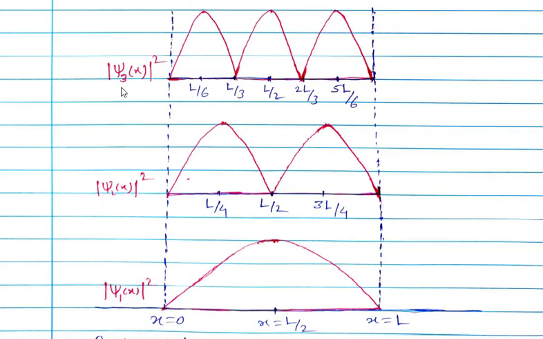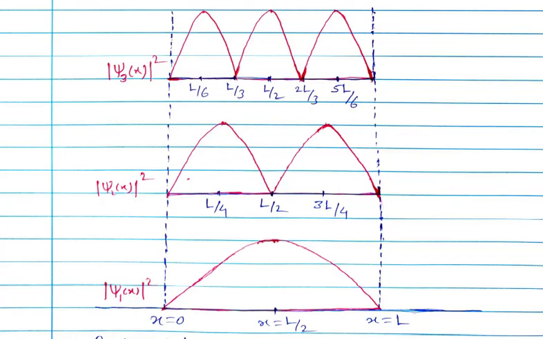When the particle is in the second excited state, the probability density values are maximum at x equal to L by 6, at x equal to L by 2 and at x equal to 5L by 6. Whereas the probability values will be 0 at x equal to 0, at x equal to L by 3, at x equal to 2L by 3 and at x equal to L.